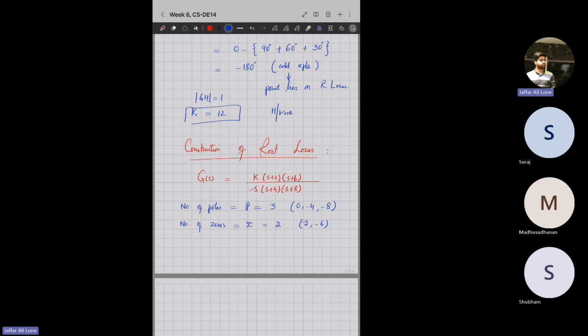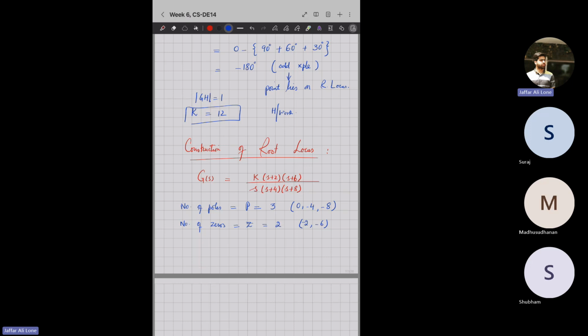Now remember, I'll just recap. A root locus always starts from a pole and terminates at a zero. If you see here, there are 3 poles, so the root locus will originate from 0, minus 4, and minus 8, and it should terminate at minus 2 and minus 6.